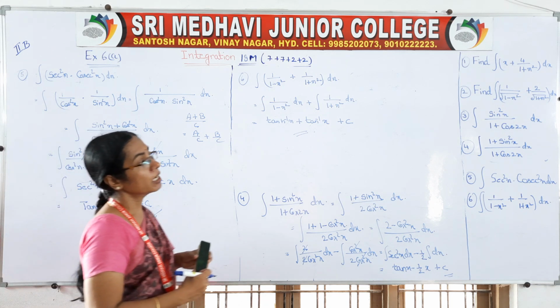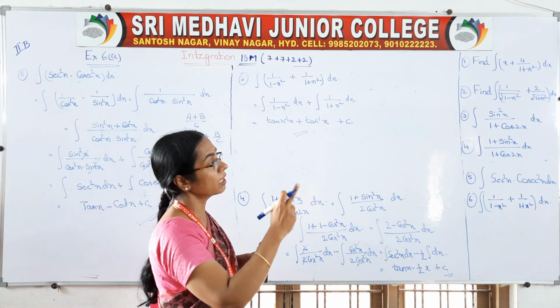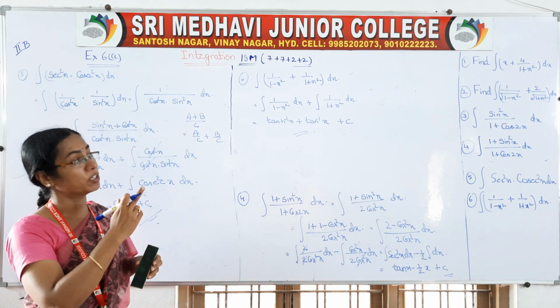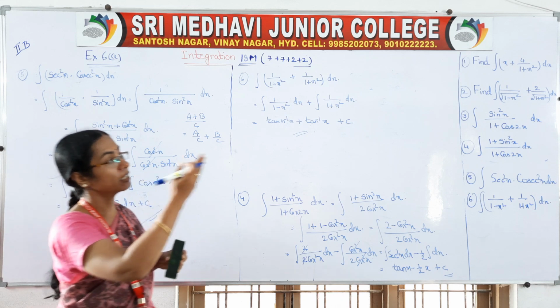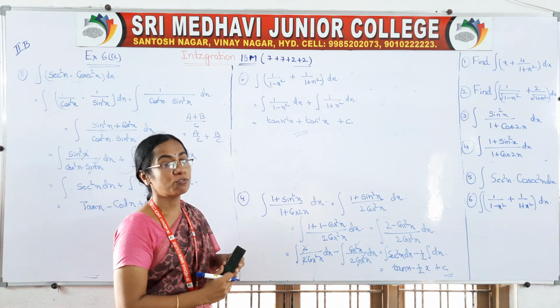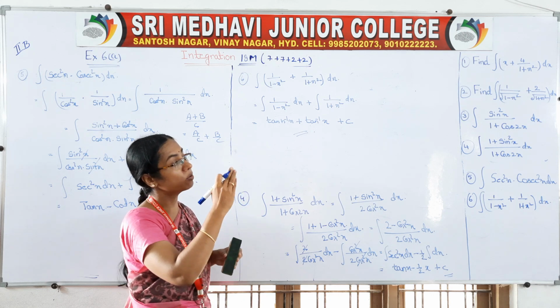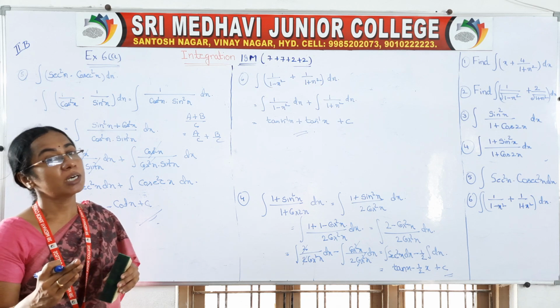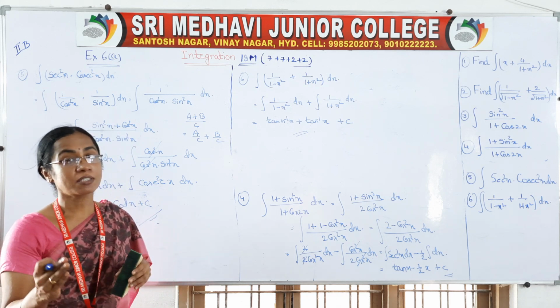Now come to the second question. Again same thing. If you observe inside the integral, we are having two terms. Whenever plus is there in between the two terms, we can take the separate integrals. First one directly it is formula form, and second one 2 by root of 1 plus x square is there. 2 is a number. Numbers and letters are said to be constants.